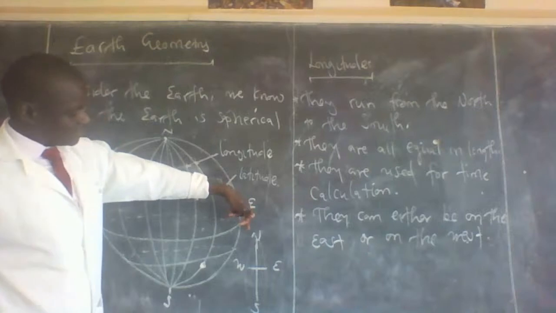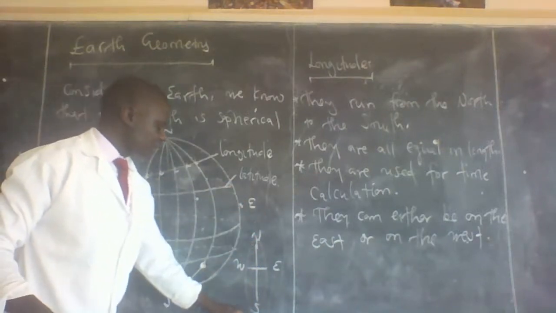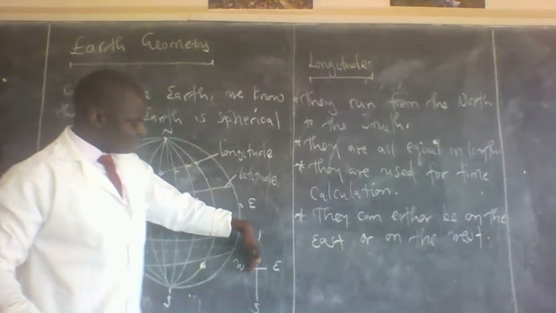So I say these lines are running from the north to the south in that vertical direction. We can have some lines.